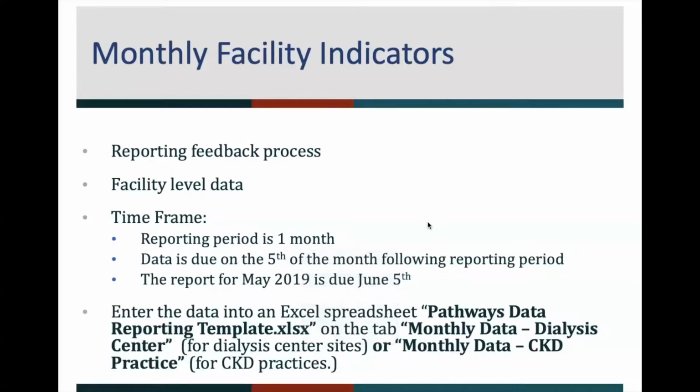Okay. So what I was saying is there's a feedback process where we want the data as soon as the month ends, so we can create graphic visualizations and get the data back to you so you can begin to implement changes right within the month, as well as see where you're doing really well, identify areas that need the most improvement, and begin to work on those processes as soon as you get it.